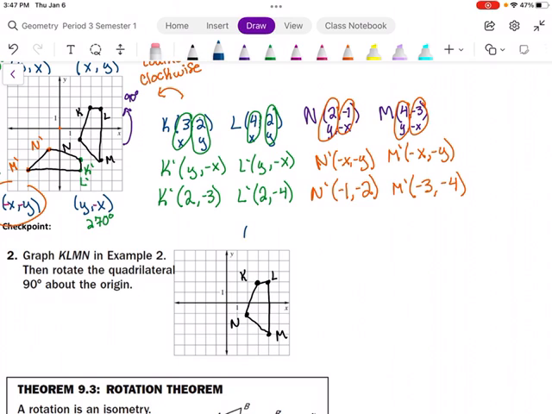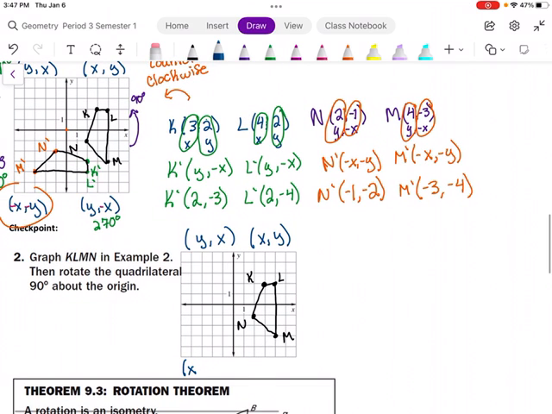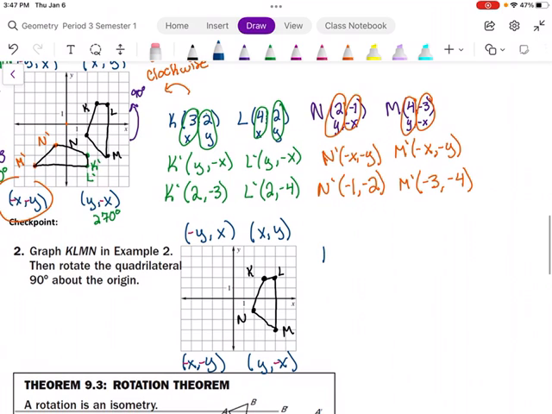If we write in our rules again, we know we have x, y, y, x, x, y, and then y, x. And if we add in our negatives, it's none, first, both, and second. So we're going to rotate this 90 degrees. K and L are both in the first part, so K was at 3, 2, L was at 4, 2.